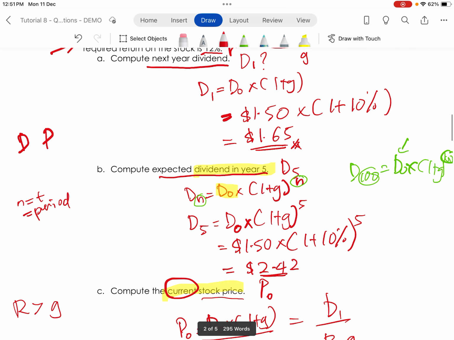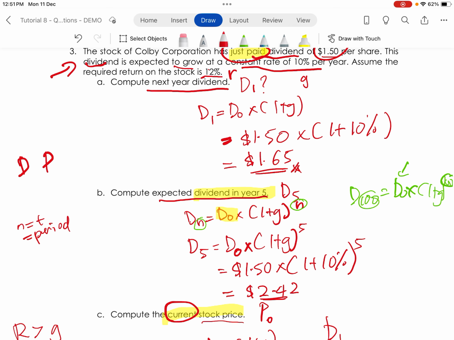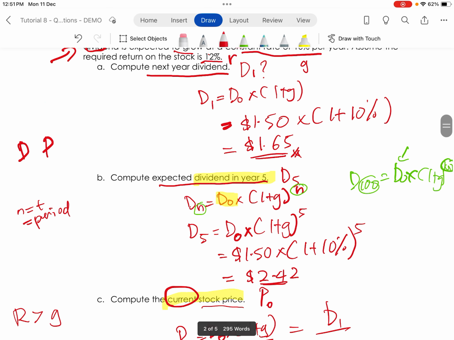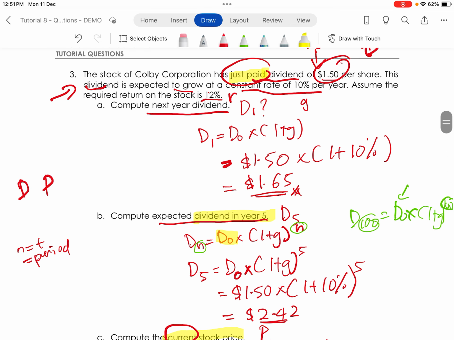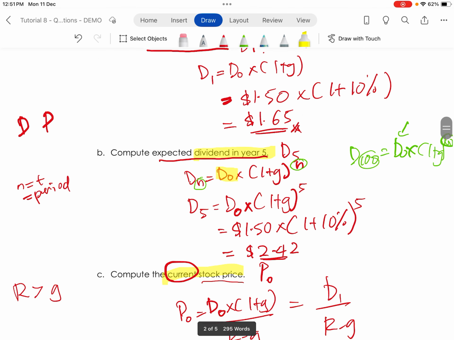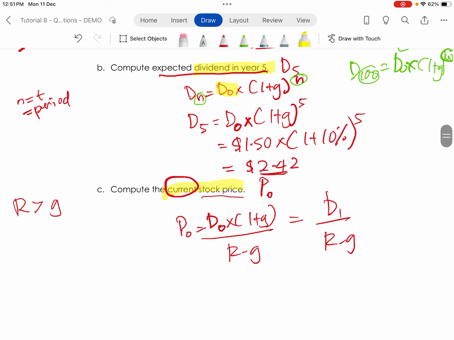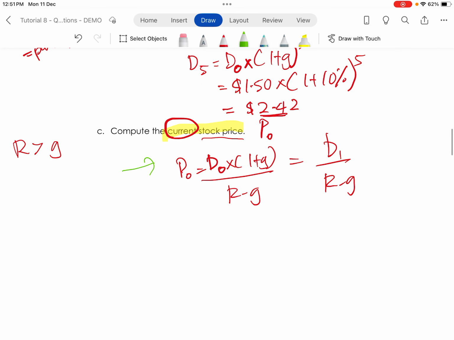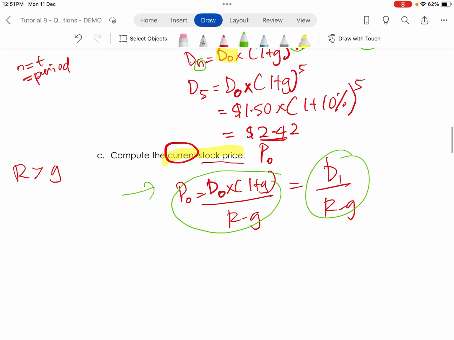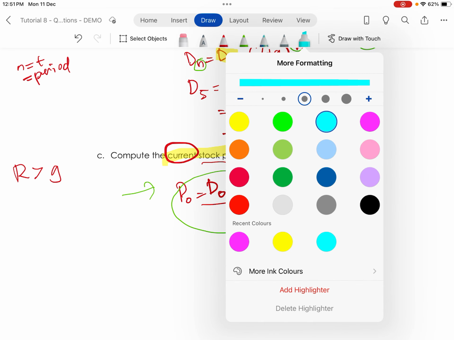If the growth rate is lesser than that, then you shouldn't be using this formula. But usually, as long as you see a dividend growth rate, the G, and the question asks you to calculate the share price, then you use this formula. For this formula, you can use either one of these.